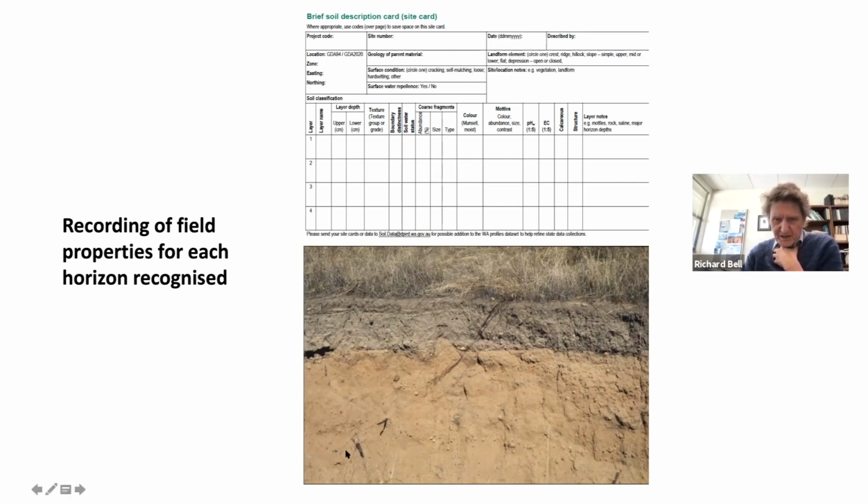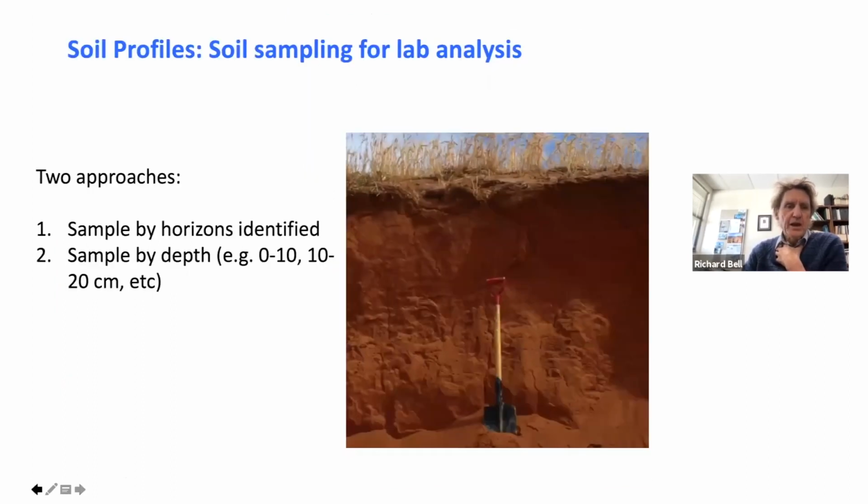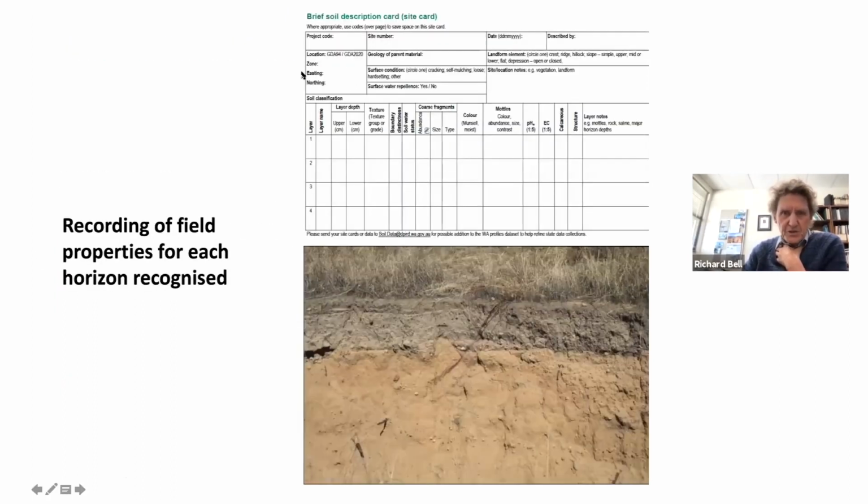But even within that layer, there seems to be a place about halfway down where there's a lot more gravel that might denote a different horizon. So even from this distance and not being able to get up close and have a really good look at it, there's probably 4 different horizons there that you could recognise. And the other thing which we'd normally do nowadays is record location with a GPS.